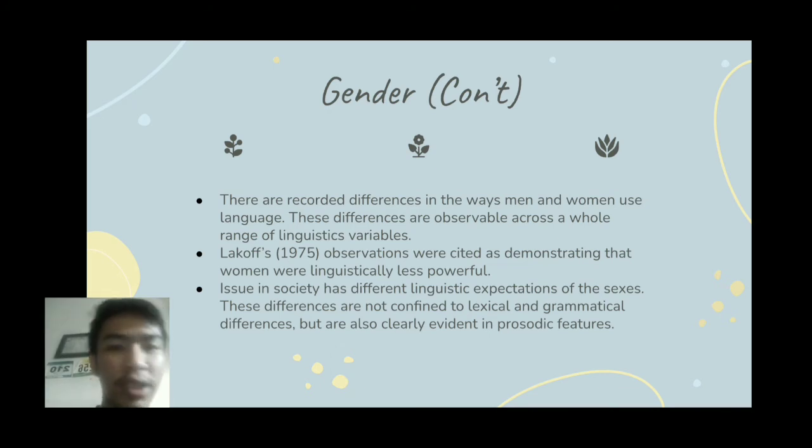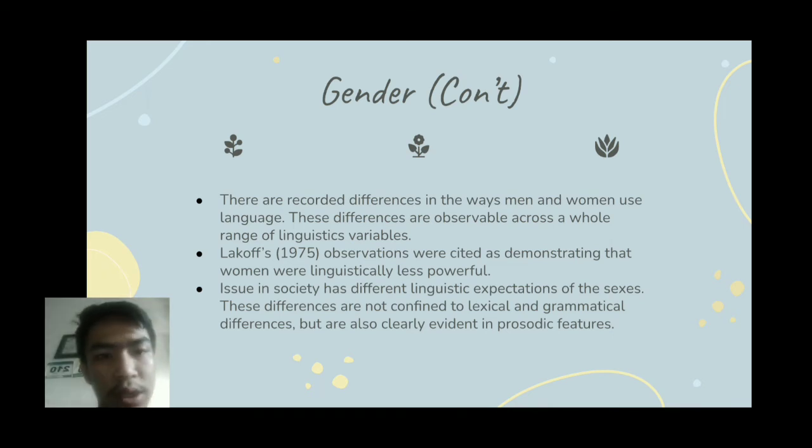And then the second one is gender. There are recorded differences in the ways men and women use language. These differences are observable across a whole range of linguistic variables. According to Lakoff, 1975, observations were checked as demonstrating that women were linguistically less powerful than men.